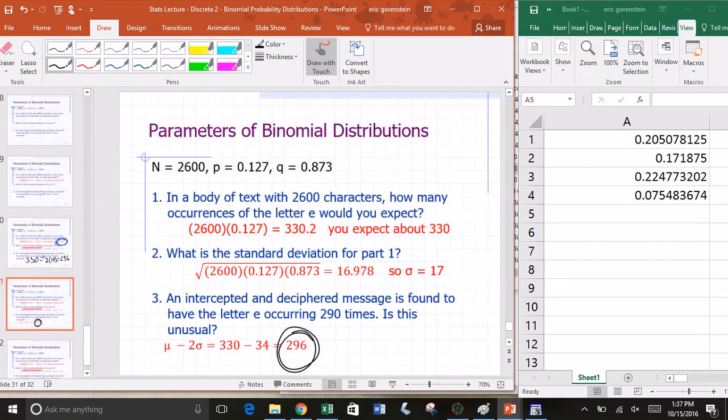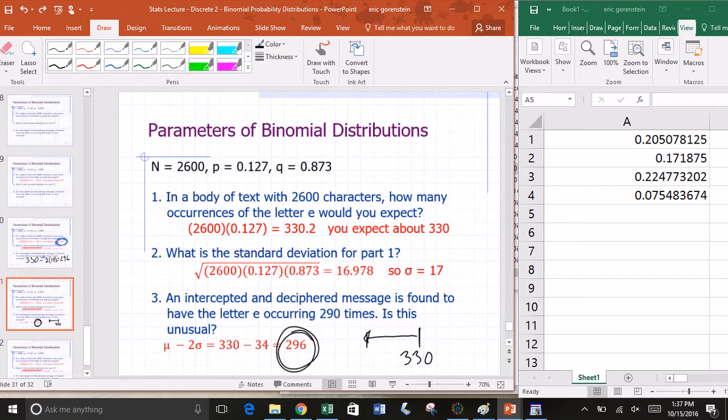So if our mean is 330, then 2 standard deviations down would be 296, and 2 standard deviations up would be the mean plus 34, so 364.